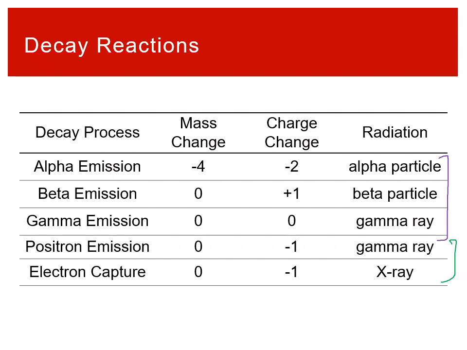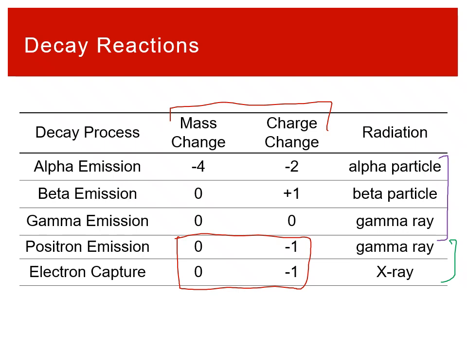I do also want to point out that one of the ways that we want to characterize all of these processes is that they cause different changes in the overall atom. They cause different changes in mass and charge. If we look at how we characterize these, you will note that positron emission and electron capture have the exact same effect. They both don't change the mass and they decrease the charge by 1.